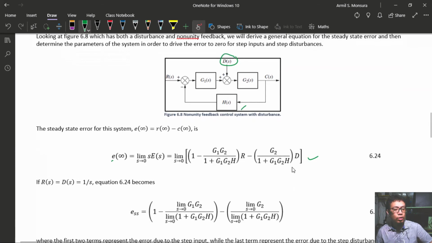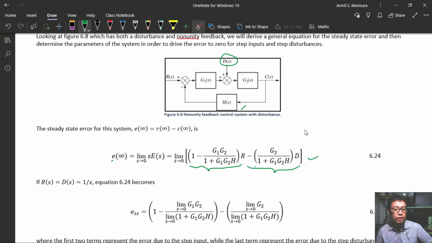Okay, so again, this follows from the superposition theorem, in which this is the component of your output due to R when we set d equals 0. And then this is your component due to d, when we set R equals 0. So we just add them.